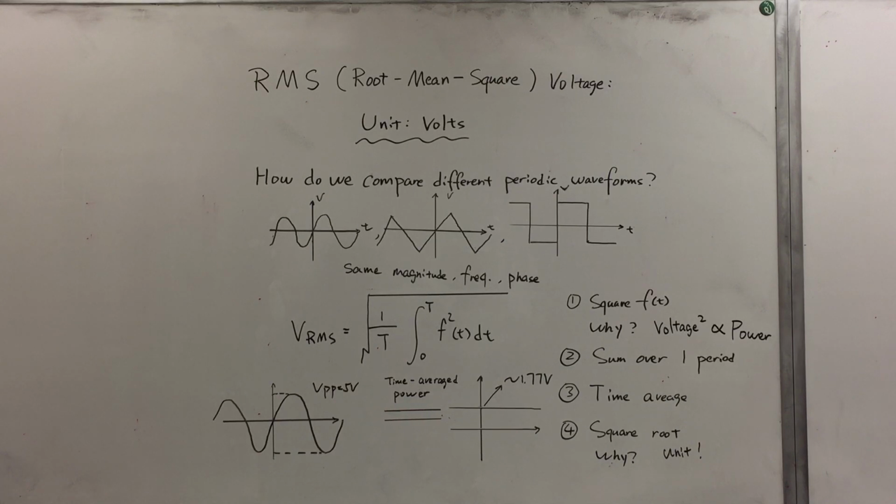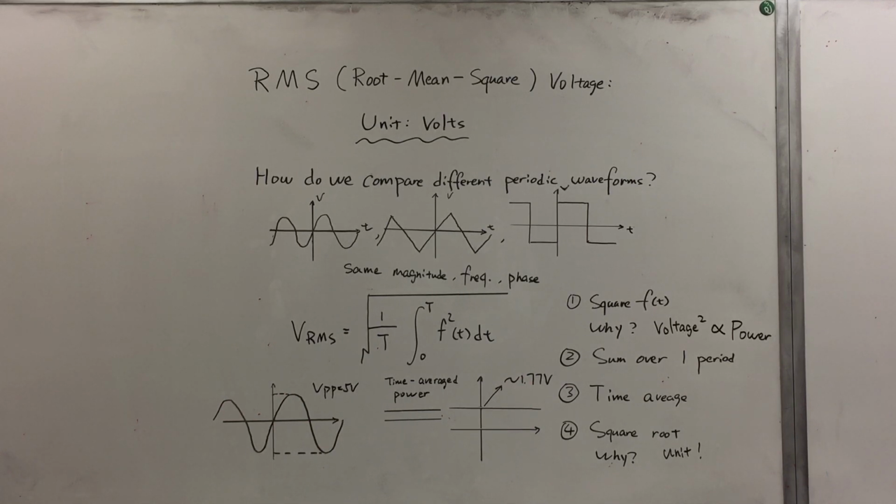After this discussion, you kind of have an impression that the RMS voltage is really evaluating a waveform's time average power, but the unit is still volts. What it exactly means is, let me take an example. If you have a sinusoidal wave with a peak-to-peak value of 5 volts, let's say this is in your pre-lab, the VRMS of that signal is around 1.77 volts.